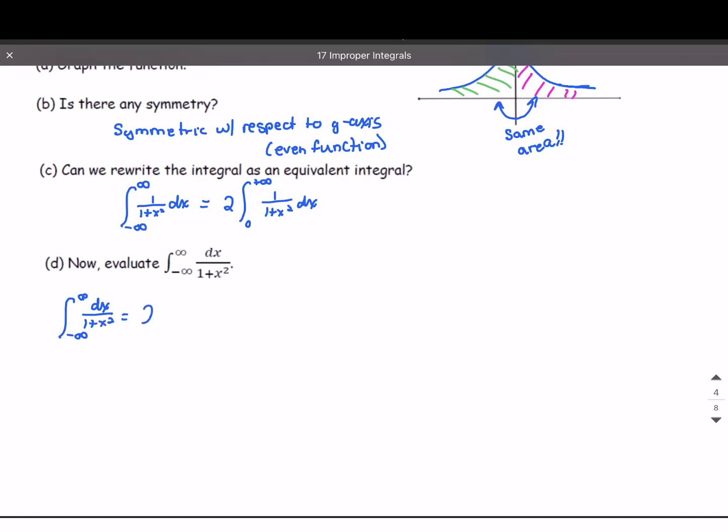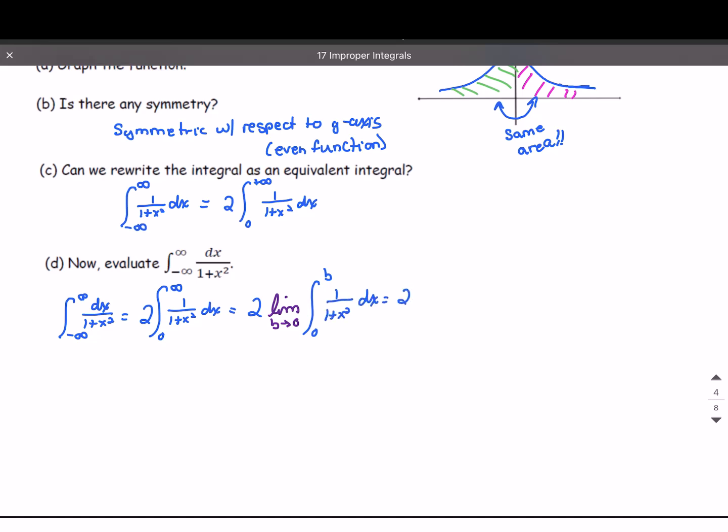That is, we just said, twice the integral from 0 to infinity of 1 over 1 plus x squared dx, which is 2 times, because 2 is a constant, I can factor that outside the limit as b heads to infinity. Okay, because we have to change that integral from 0 to b of 1 over 1 plus x squared dx.